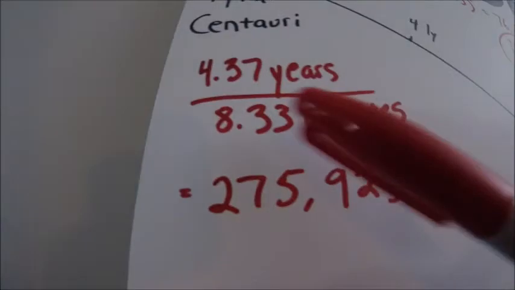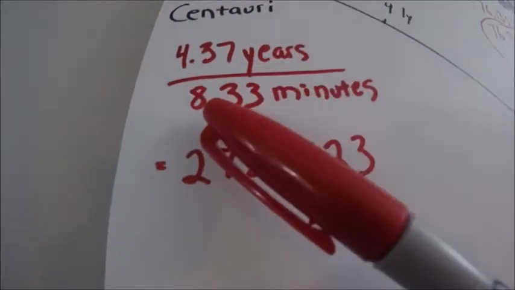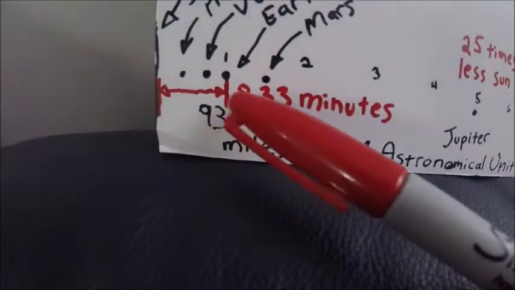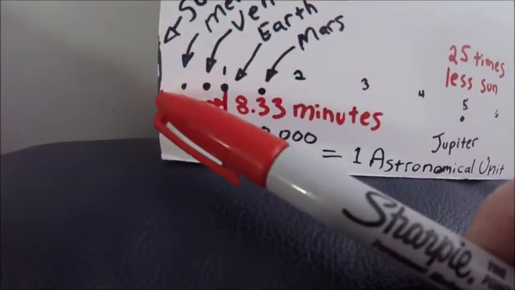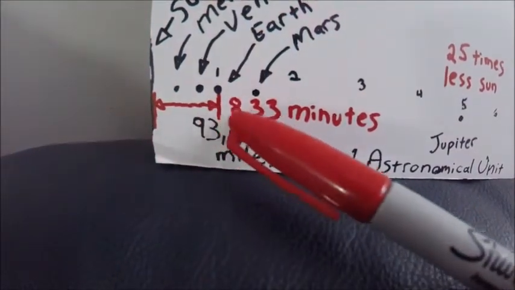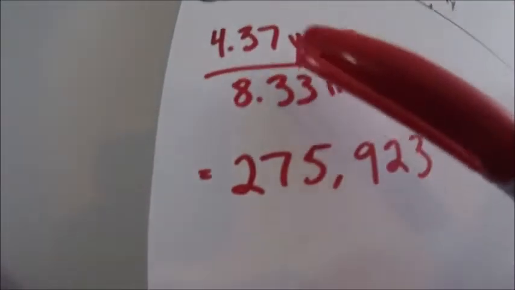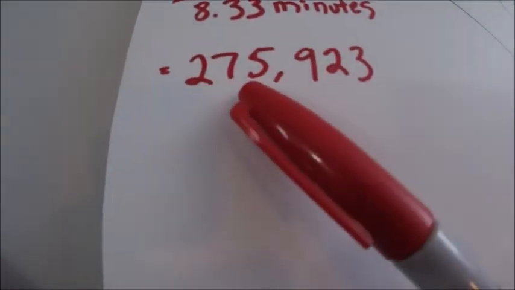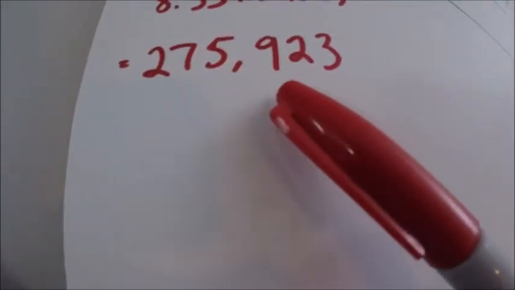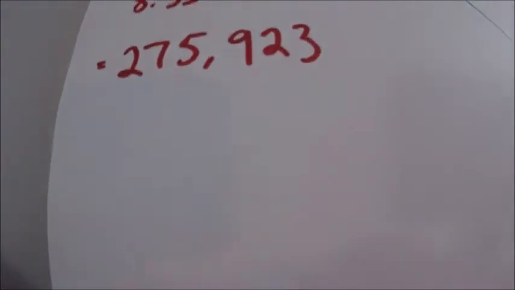If you divide 4.37 light years by 8.33 minutes, this is the distance to the Earth, the sun appears extremely bright because it's only 8.33 light minutes away. But 4.37 years divided by 8.33 minutes, 275,923.